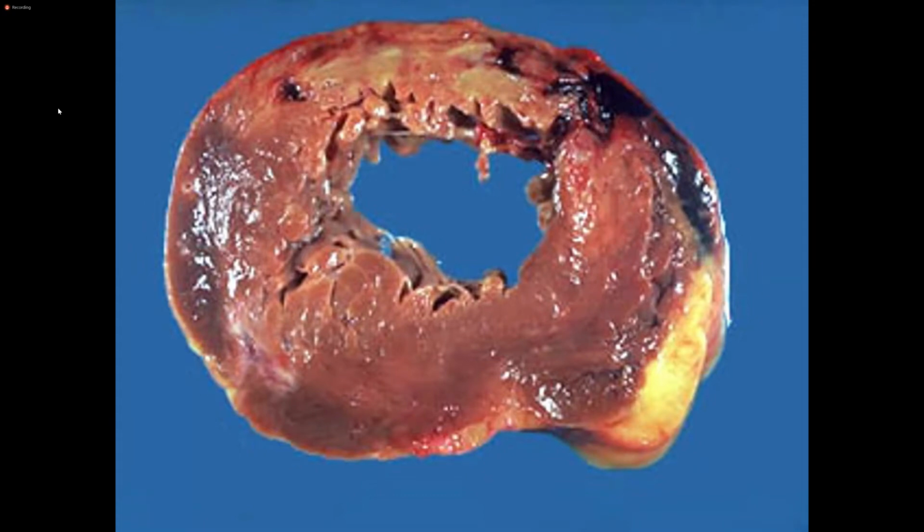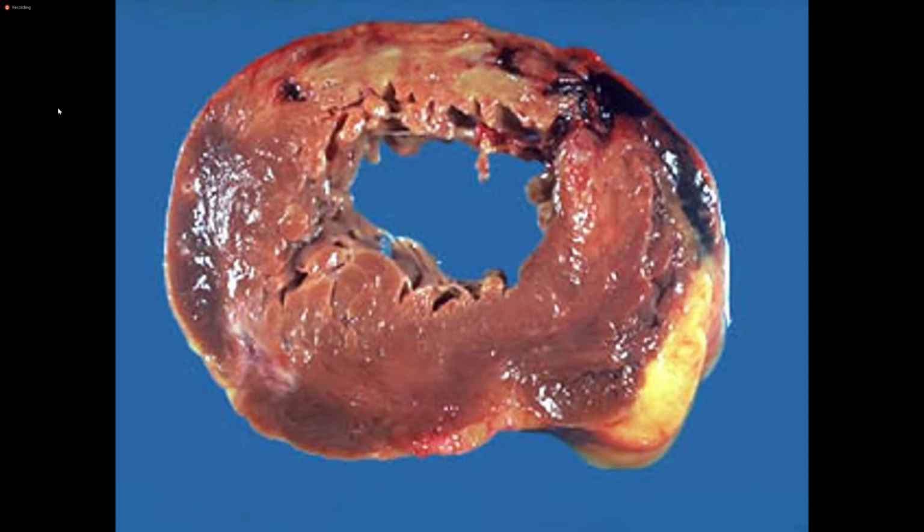So please, if you are asked about the most common complication, it is not cardiogenic shock, it is not a rupture, it is not the aneurysm, it is arrhythmia. In 75 to 80% of myocardial infarctions, the most common consequence is arrhythmia.